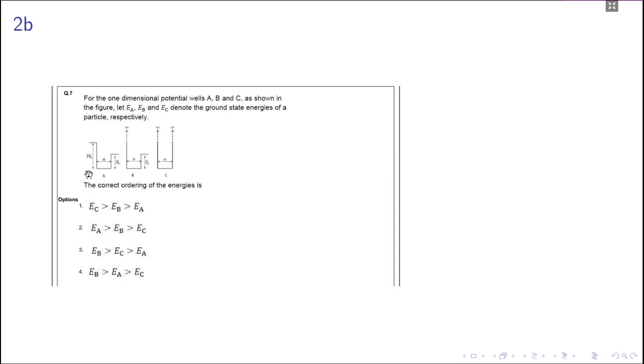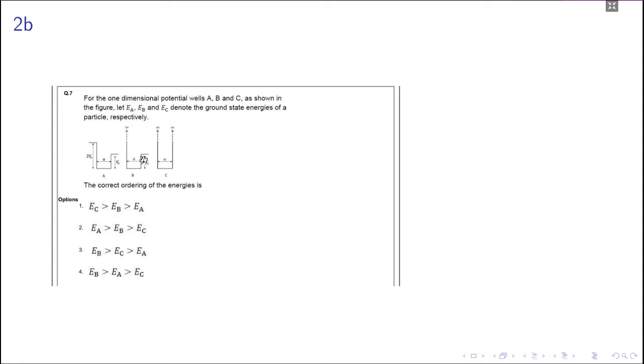It's basically asking for the ground state energy of these three potentials, how they are related. For a free particle, you know that the energy can go lowest, and all the bound states will have a higher energy. Here it has become slightly bound, and then slightly more bound because one of the potentials has gone to infinity, and then even more bound when two of the potentials go to infinity.